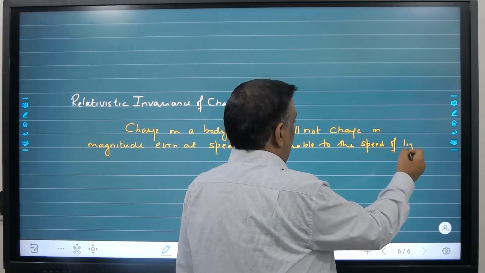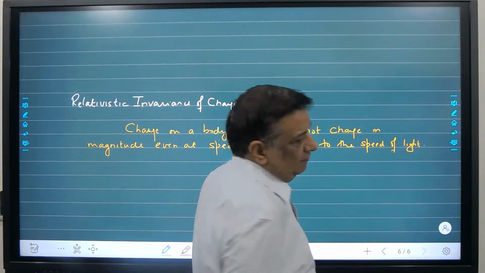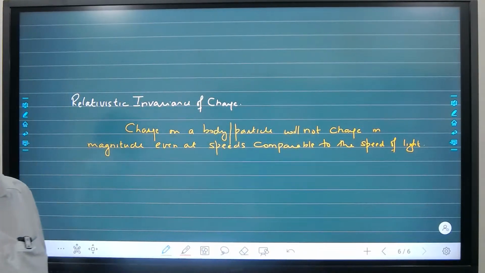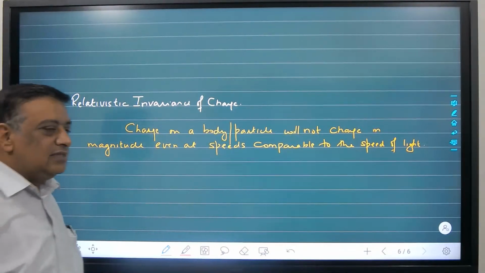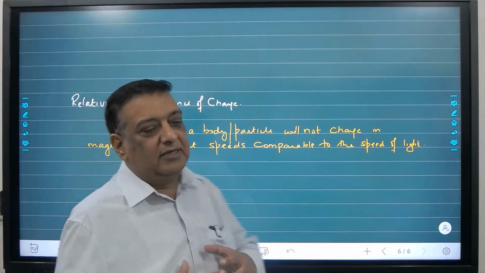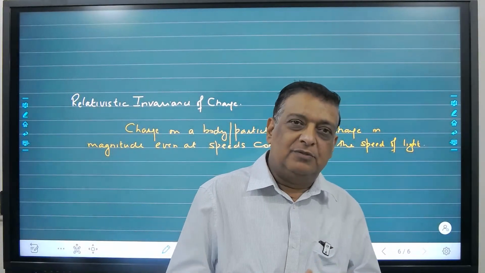We will not say the speed of light, because only massless particles can move at the speed of light. Whenever a particle has charge, it has some mass also. So the charge on a body does not vary with the speed.